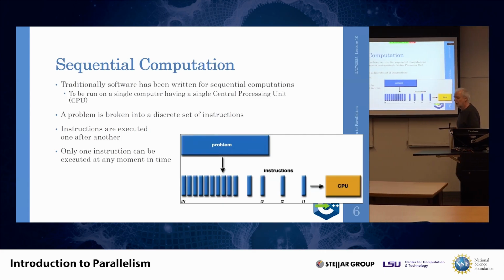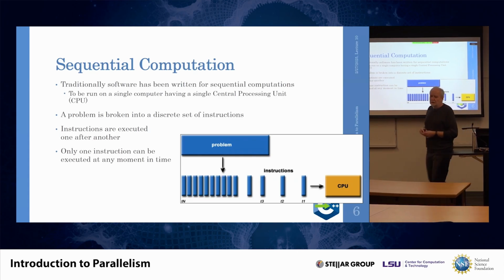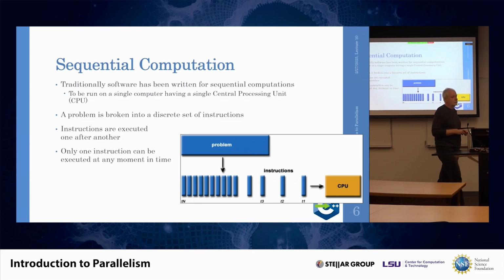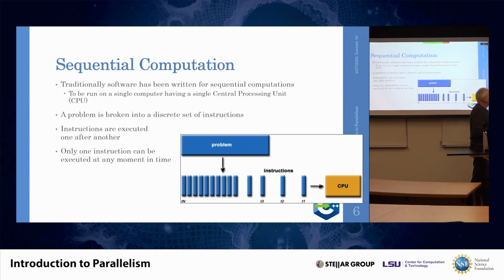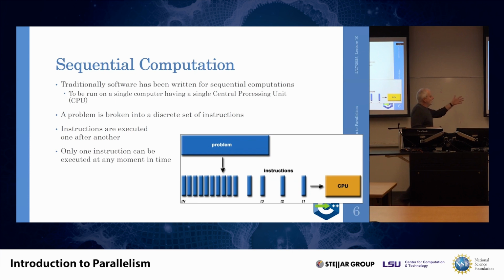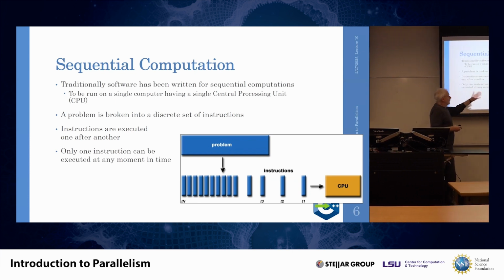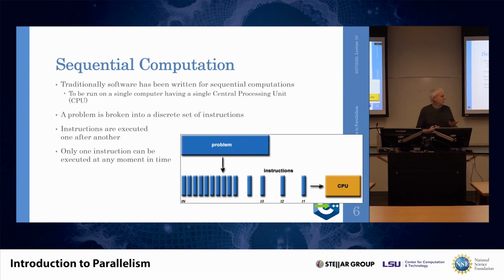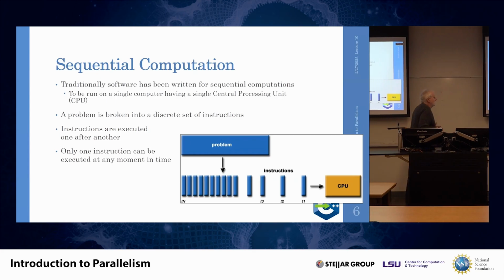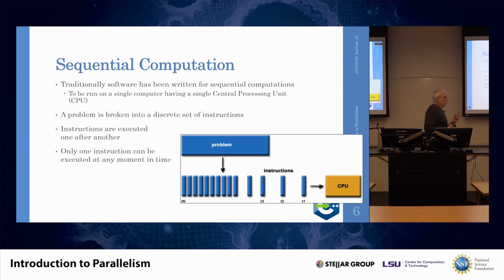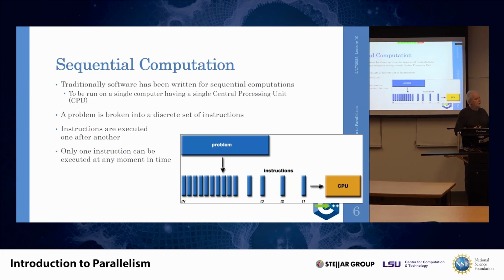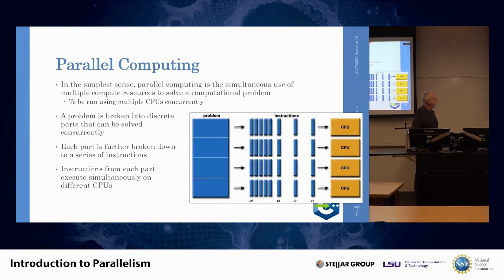That was the model for many, many years until the early 2000s, when people started to introduce multi-core systems. You have a problem, you break it down into a discrete set of instructions, and you make it so that these instructions are executed one after another on a single core. And the core can only operate on one instruction, broadly speaking, at a time. So you have a purely sequential execution.